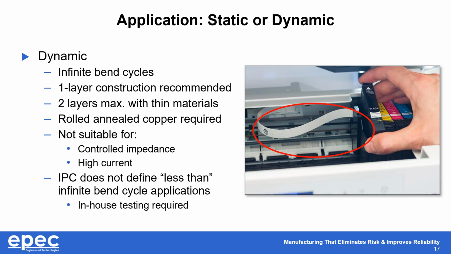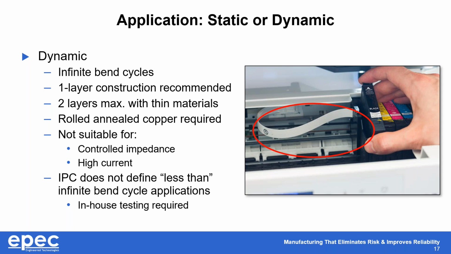Now, one of the challenges with a dynamic application is that IPC does not define a less than infinite number of bend cycle applications. So we tend to go from one extreme to the other, which is the one-time bend to fit application, all the way to the other end of the spectrum, which is the infinite number of bends.